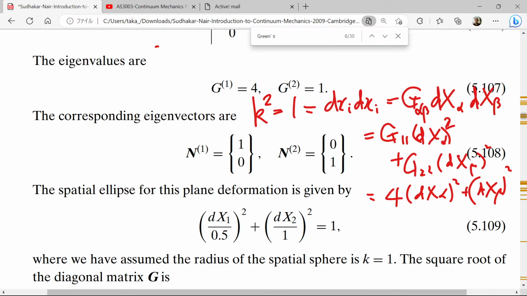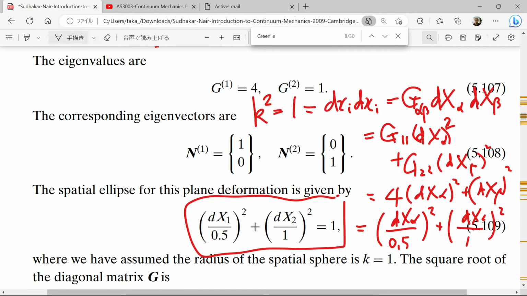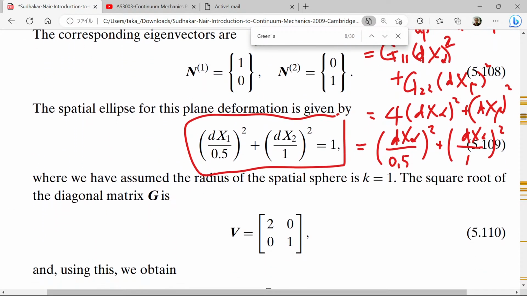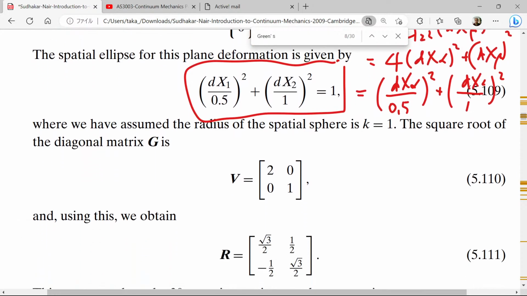Yeah, so this is 0.5 dx alpha square plus 1 dx2 square. This equation. Okay. Well, we have assumed that the radius of the spatial sphere is k equal 1.